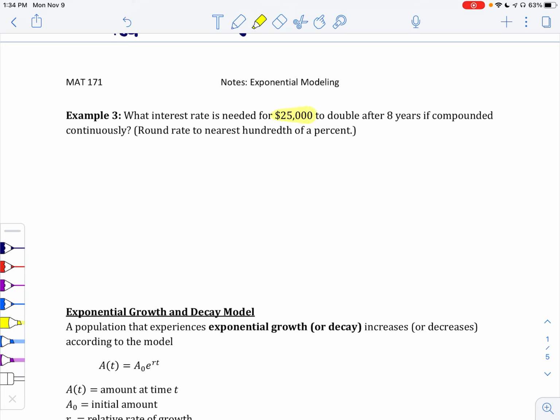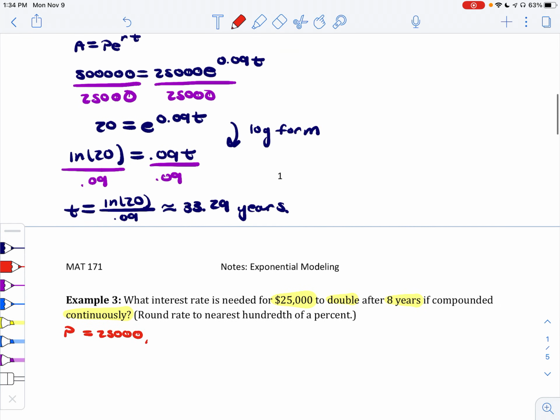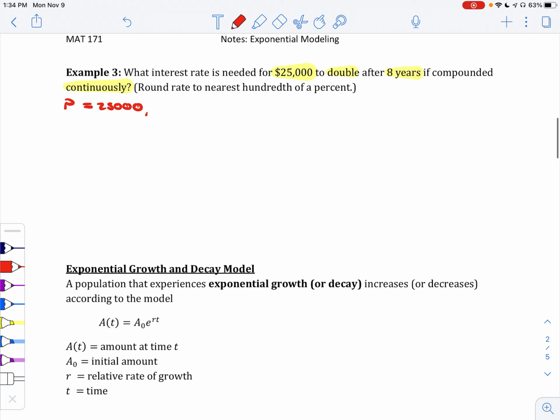Okay, so we're starting with $25,000, so that's our P. We want it to double, so our A is double that, so it would be $50,000. Our time is 8 years, and compounded continuously means we're using our continuous interest formula.